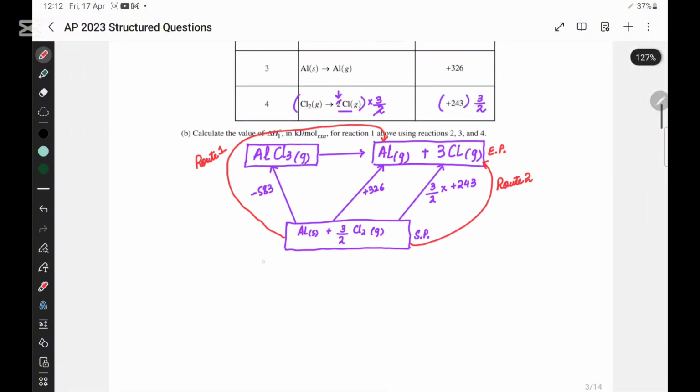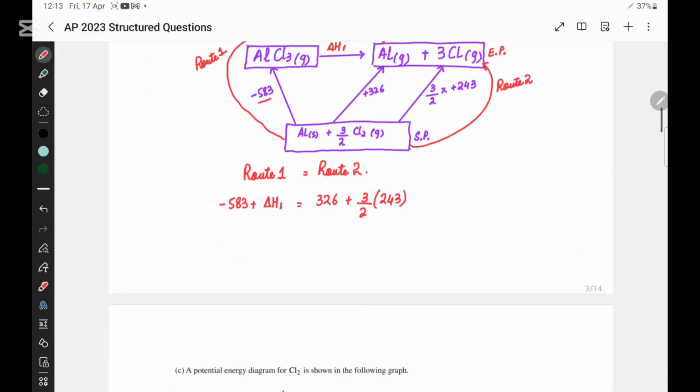Then what you need to do is set route 1 equal to route 2. In route 1 we have only this energy, and then we have delta H1 here as well, which we need to find out. Minus 583 plus delta H1 is equal to 326 plus 3 by 2 times 243.